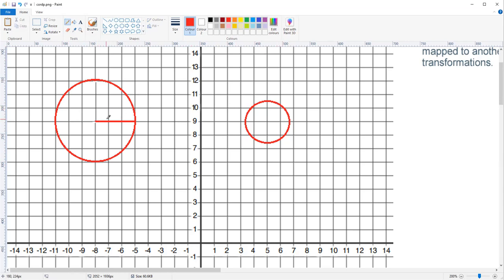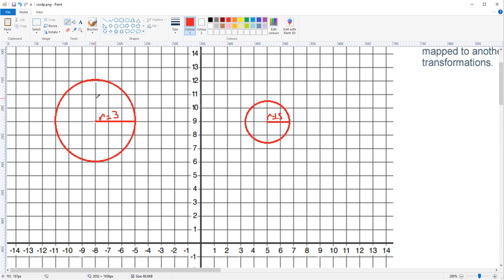But this one here, you can see that I have a radius of 3 on this one, and a radius of 1 1/2 on this one. So radius equals 3, and on this one, radius equals 1.5.